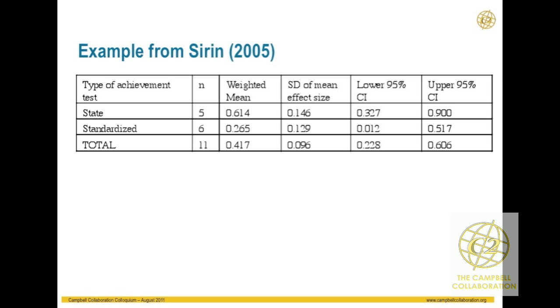Okay, so in this case, these are random effects means, and the standard deviation of that mean effect size is calculated from the random effects, but it's calculated from a single estimate of tau squared. Because look at how many studies I have in each group.